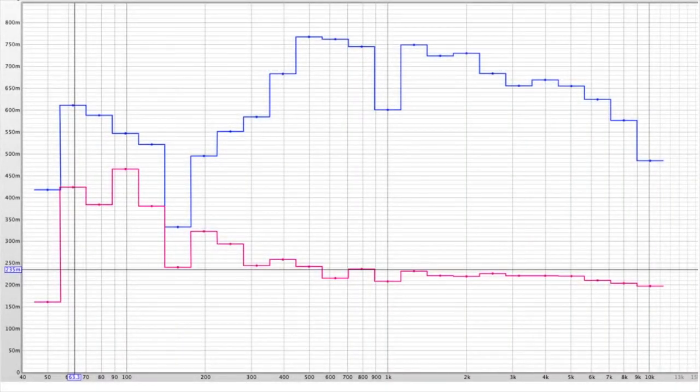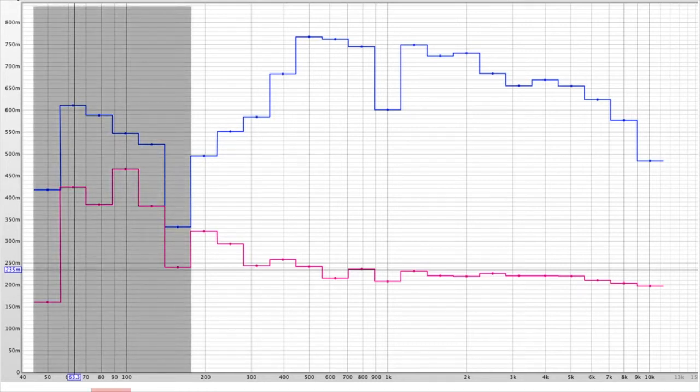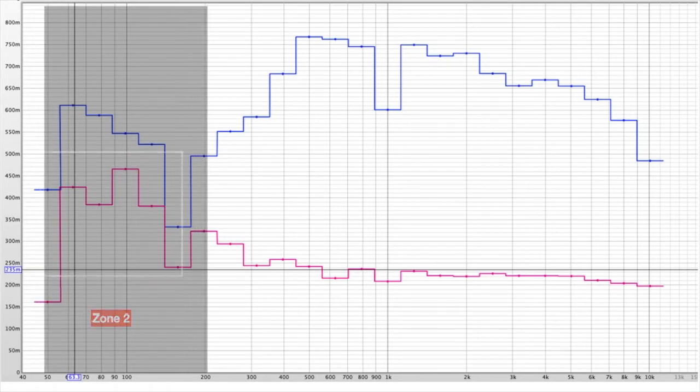So now I'll overlay the RT60 data plot reflecting the installed absorbers. I've used a pink line and it resides at the bottom of the graph. So referring to the zones again, Zone 2 3rd octaves are now between 250 and 470 milliseconds.